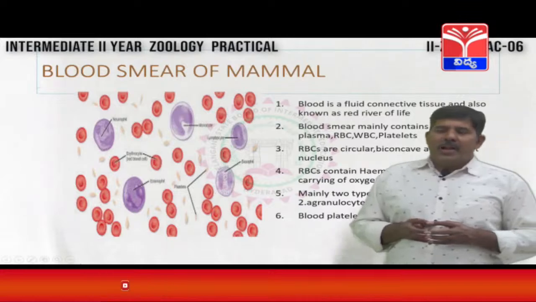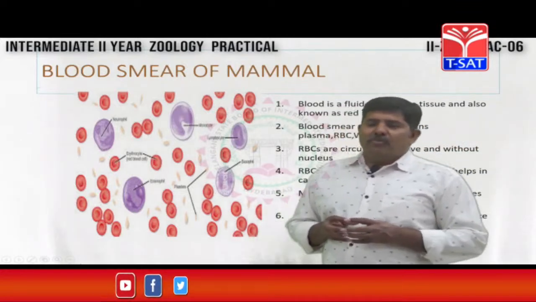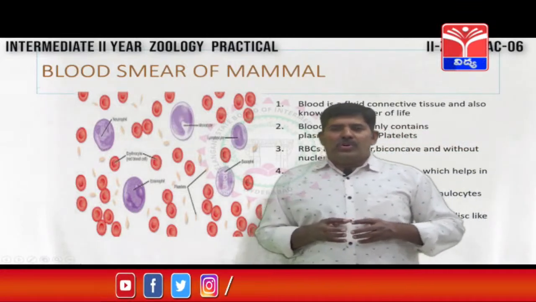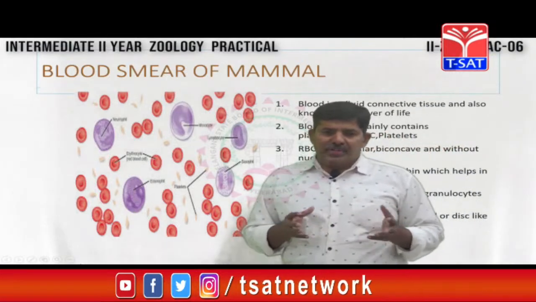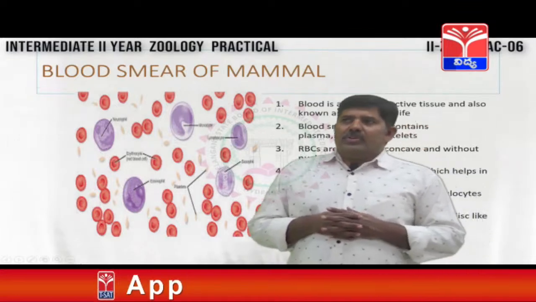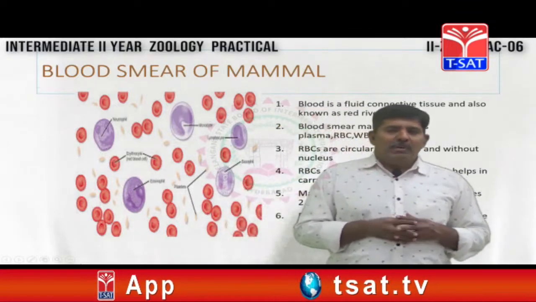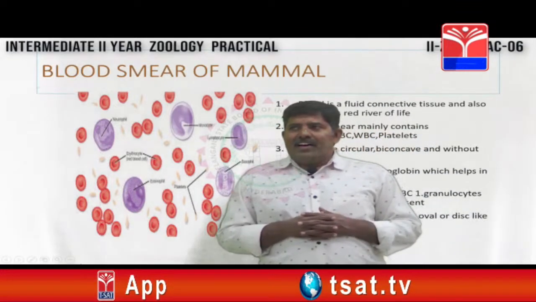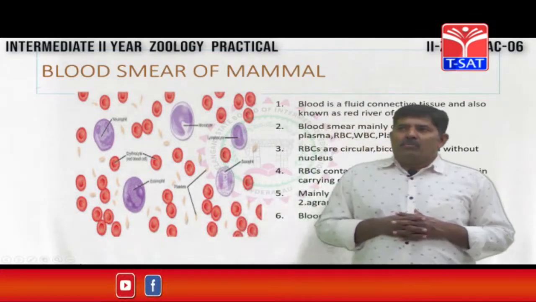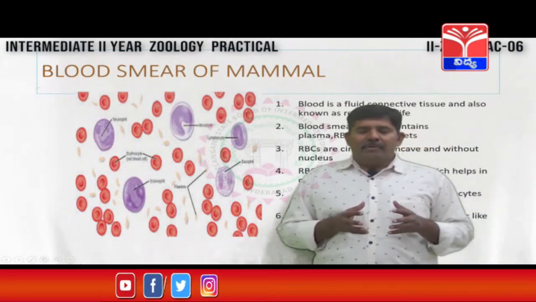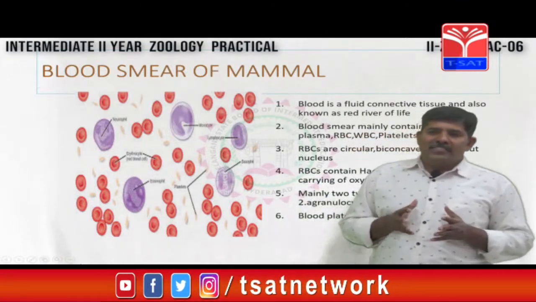Now, blood of mammal. So blood is a fluid connective tissue. Most of the time blood is called the red river of life. The blood contains plasma and blood cells.